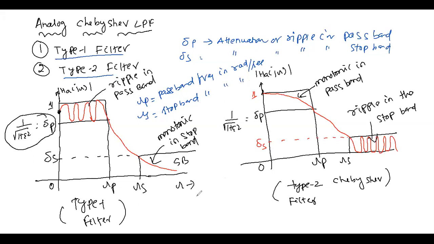The formulas, already said in the previous class: omega P is 2 pi Fp and omega S equals 2 pi Fs, where Fp is the pass band frequency in hertz and Fs is the stop band frequency in hertz.